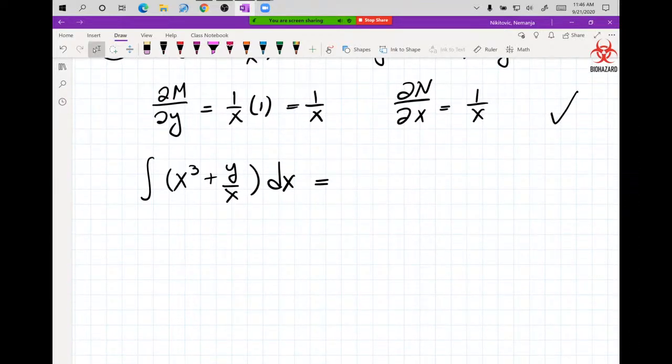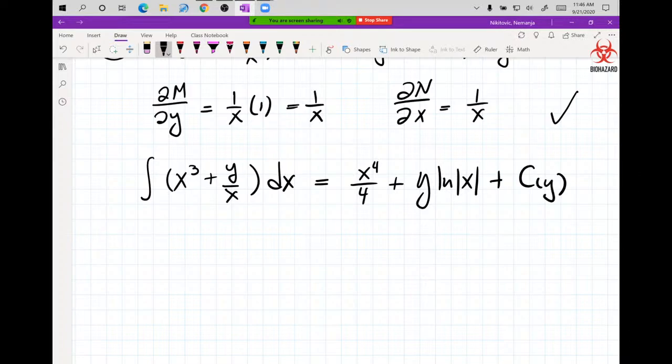So when I integrate here, I get x to the 4 over 4 plus, and now y is the constant, so I am integrating 1 over x. The integral of 1 over x is ln absolute x, right? So this becomes y ln absolute x plus c of y. Again, y over x is the same as y times 1 over x.